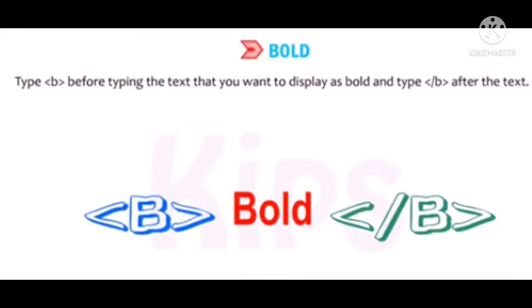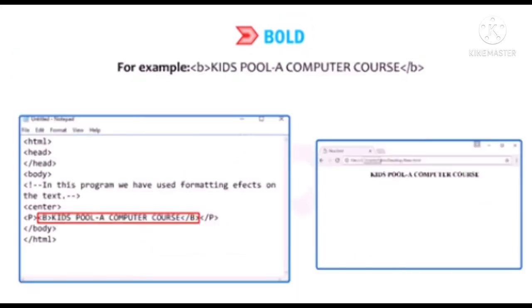And the next one is bold. Bold means, yes, it is to make our text bold, mainly to emphasize the text. So type this B tag before the text and the off tag after the text. In between these on and off tags, we will type our text. So in the web browser, you can see this text as bold.